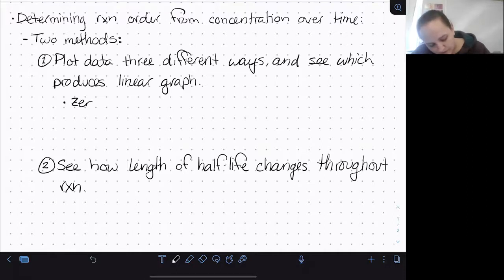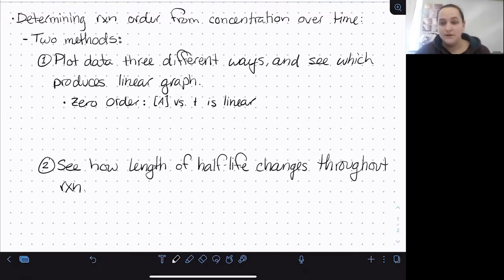For a zero order reaction or zero order reactant, the graph of concentration versus time is going to be linear. So if you plot just straight up concentration on the y-axis versus time on the x-axis, you will get a linear plot of your data points.